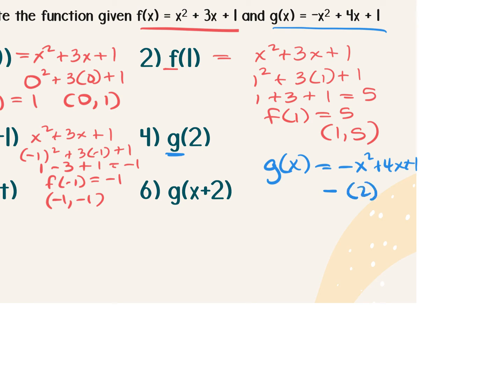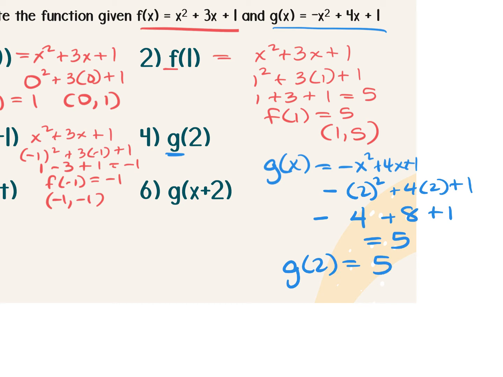In here, I'm putting the 2, and I'm squaring it, and then plus 4 times 2 plus 1. Negative sign comes down. 2 squared is 4. 4 times 2 is 8. Now add left to right. Negative 4 plus 8 is 4, plus 1 equals 5. So g of 2 equals 5. And again, written as an ordered pair, (2, 5).